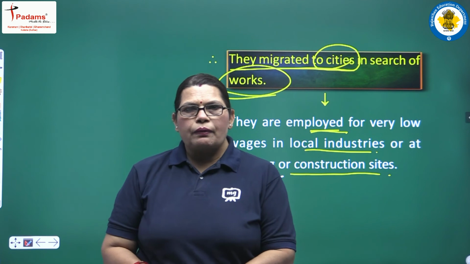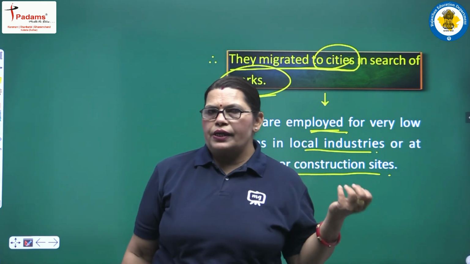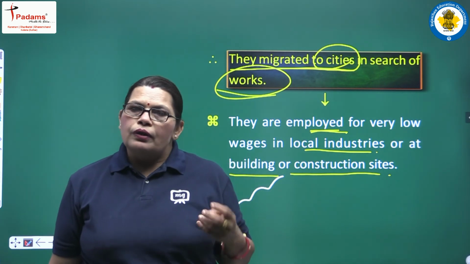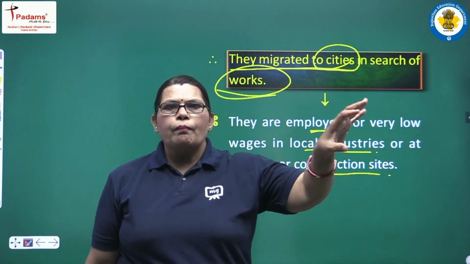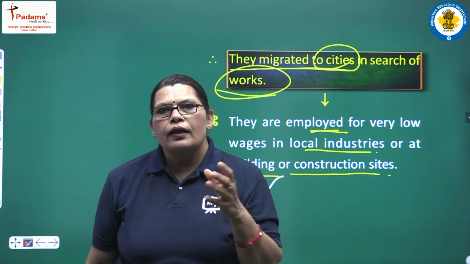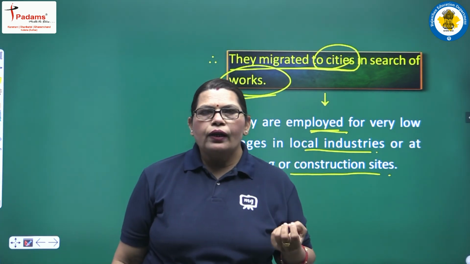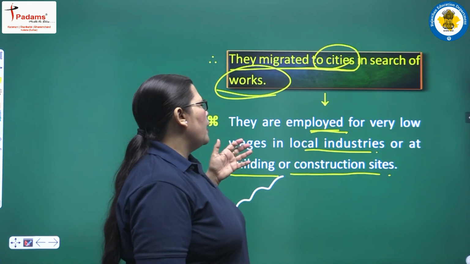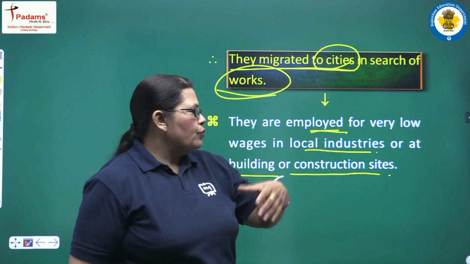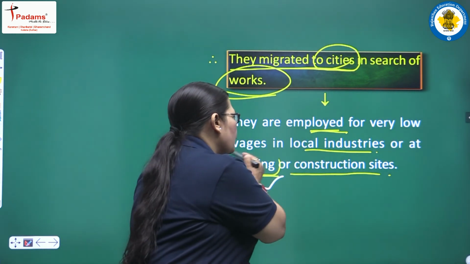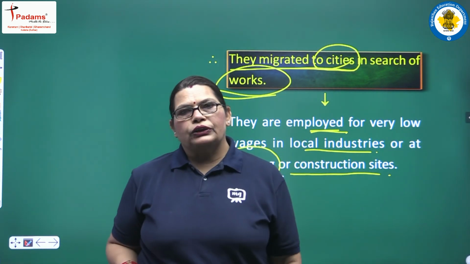When we are discussing this, especially the lives of servants in urban areas, many people belong to Nepal, Bihar, Assam, etc. What do we pay them? At very low wages we allowed them to work at home, in the local industries, or for building or construction sites.